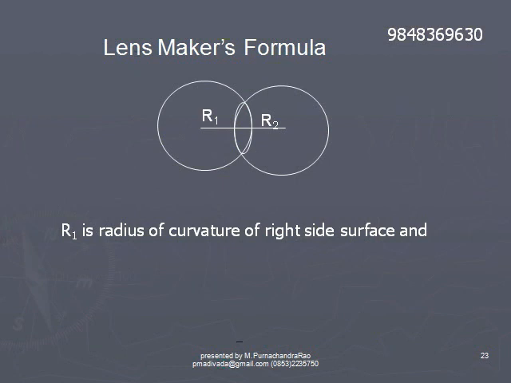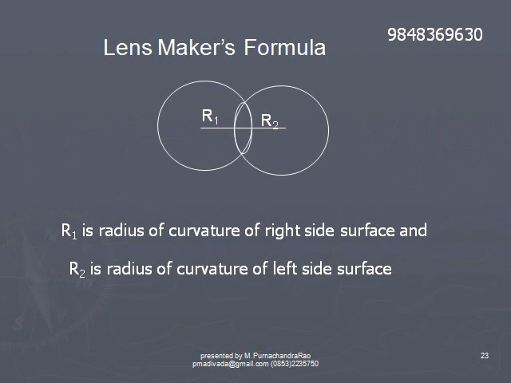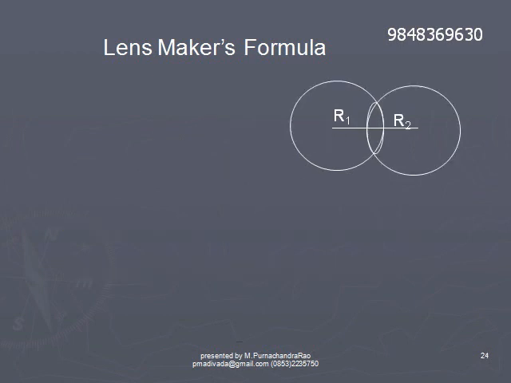The radius of curvature of the right side curved surface is R1 and the radius of curvature of the left side curved surface is R2. So whenever we say the radii of curvature, we have to recollect this figure.